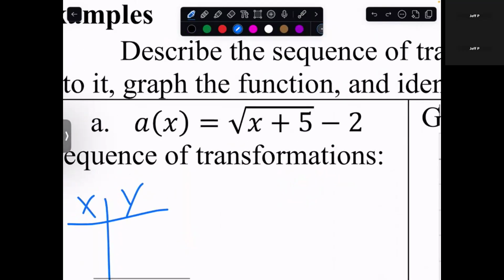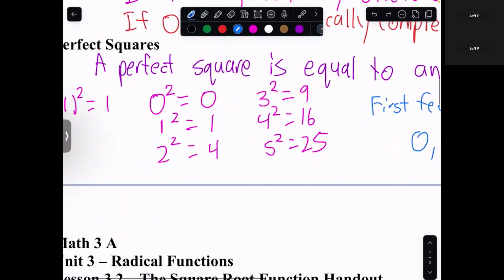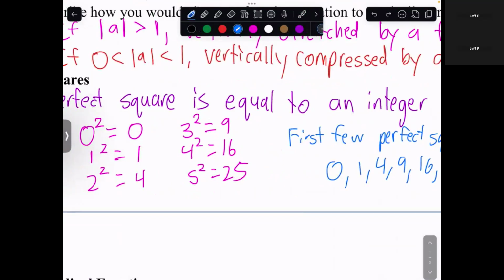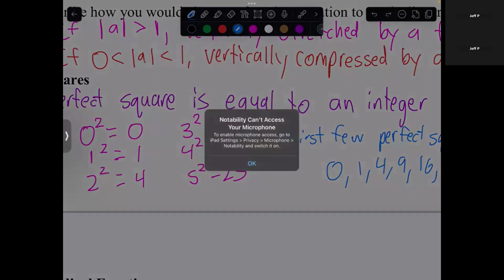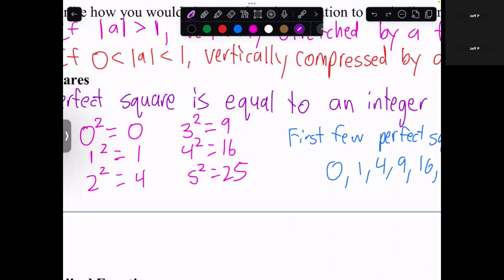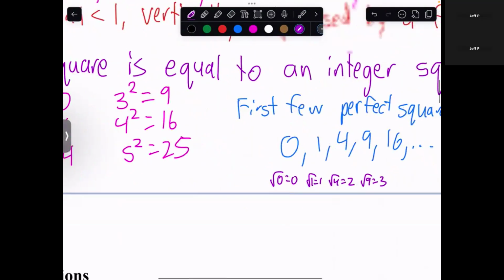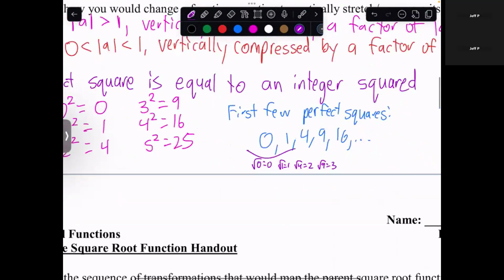Well, what's the benefit of perfect squares? Perfect squares are easy to square root, right? The square root of 0 is 0. The square root of 1 is 1. The square root of 4 is 2. The square root of 9 is 3, and so on. So that's why we went over the perfect squares, because if we can end up at a perfect square, then it'll be easy to square root.